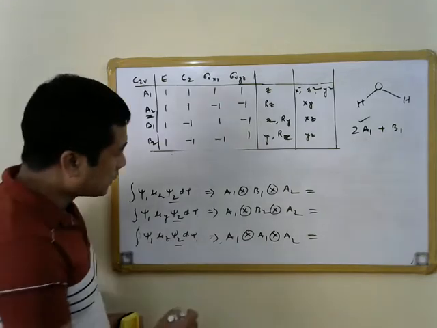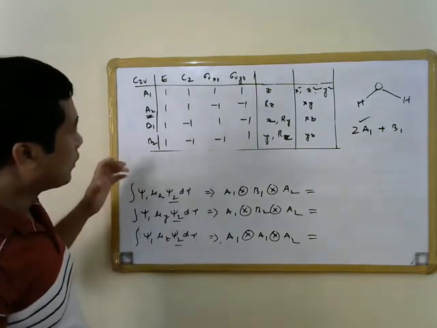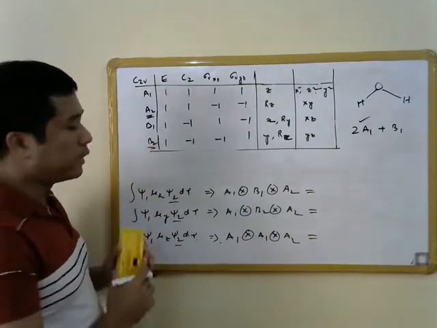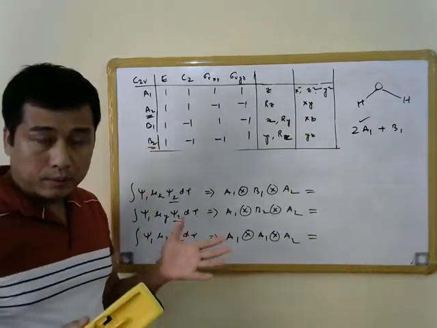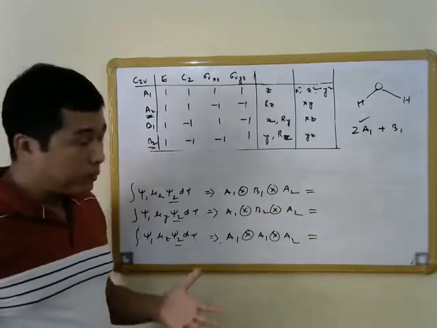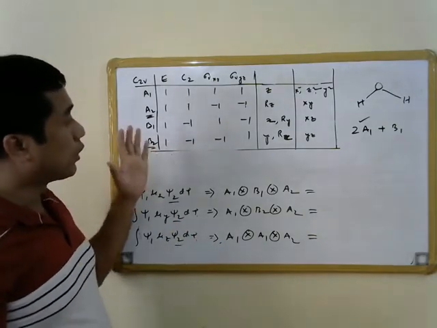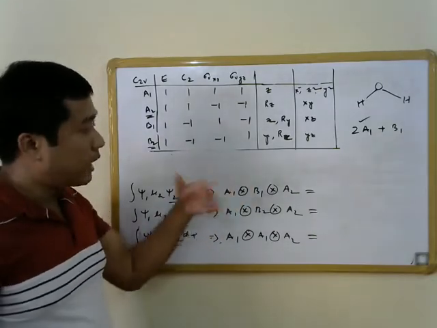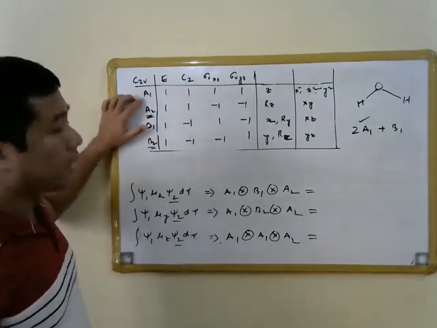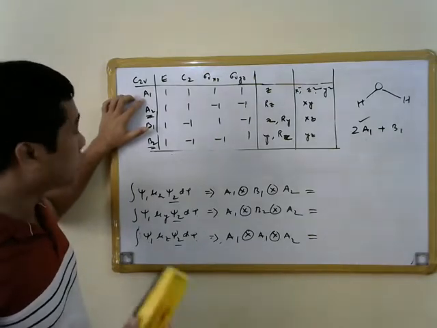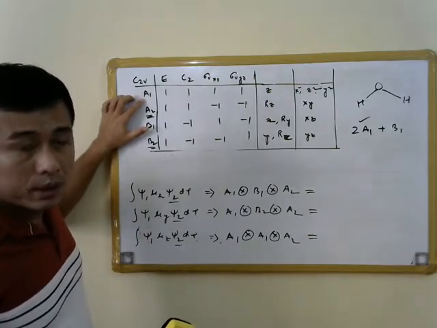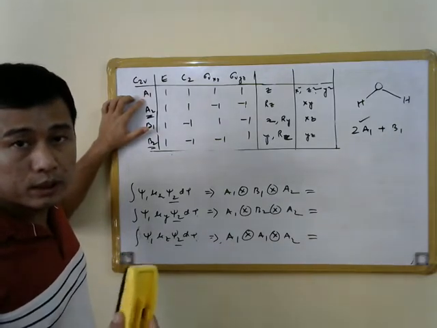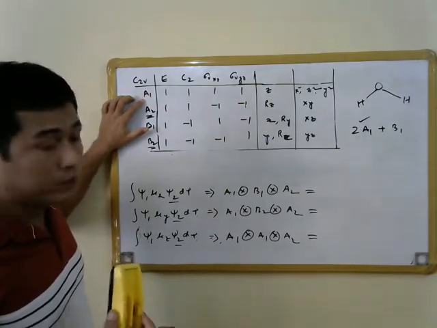When we find out for B2, a vibrational mode which has B2 symmetry, we will find that it is going to be non-zero along the y direction, or the integral with mu y will have non-zero value. Similarly, when we have a vibrational mode which has A1 symmetry, we will find that this is going to have non-zero value along the z direction, or the integral with mu z will have non-zero value.